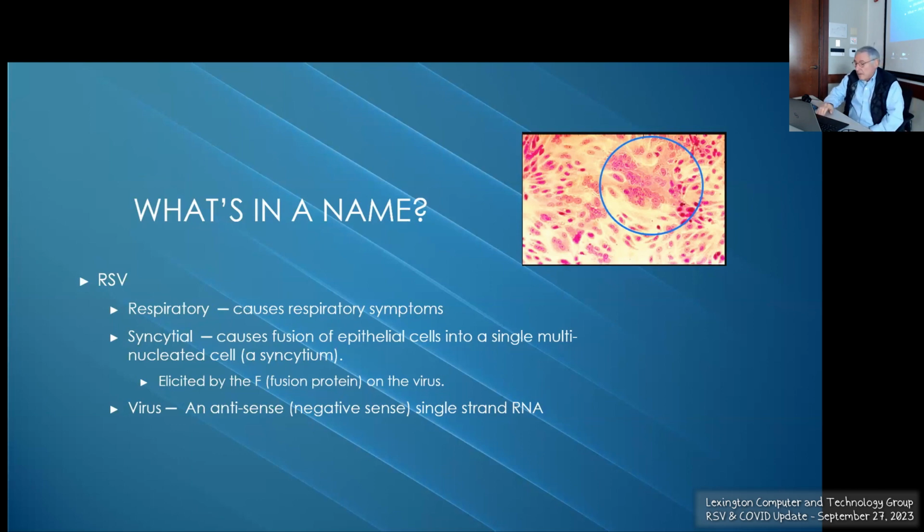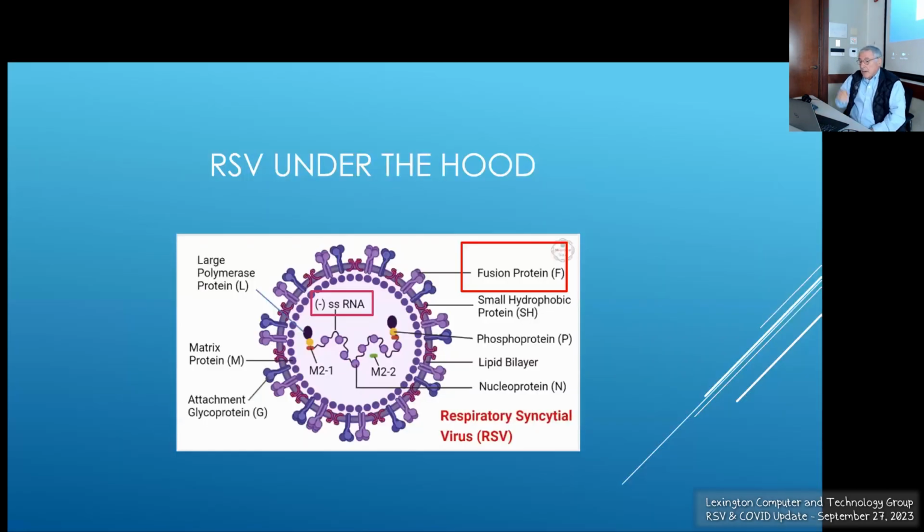So let's look under the hood a little bit. What we have here, this circle, is the nucleocapsid. Think of it like a space capsule that envelops the viral RNA. And here's the single-stranded negative sense RNA.